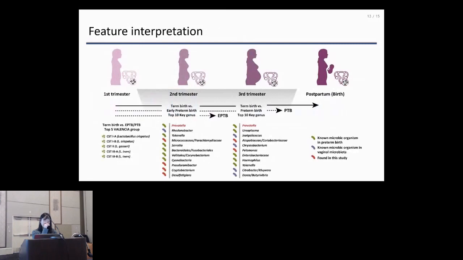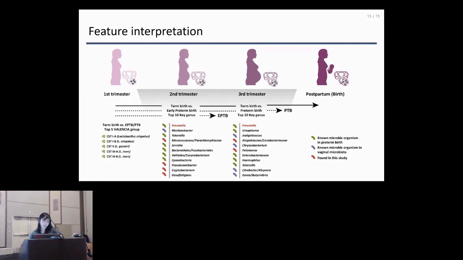And the last thing is the feature interpretation. It actually showed very interesting results. We looked into the top 10 taxonomy features. Actually, we used the taxonomy features at the genus level. And among the top 10 features, we could find known microorganisms in preterm birth through a literature search.